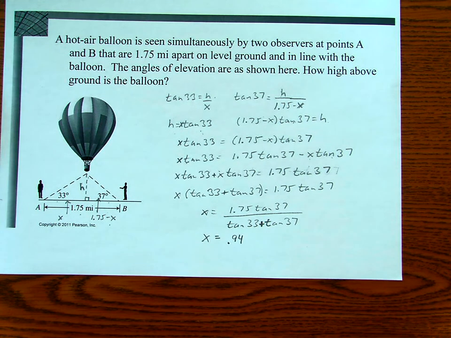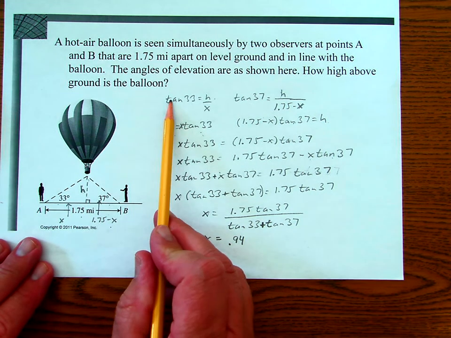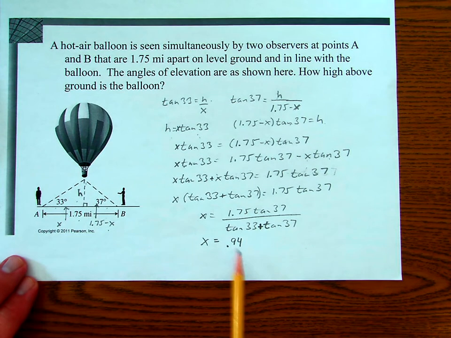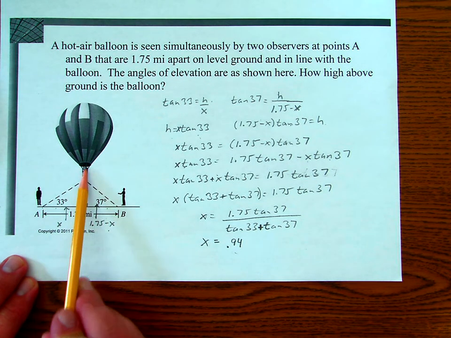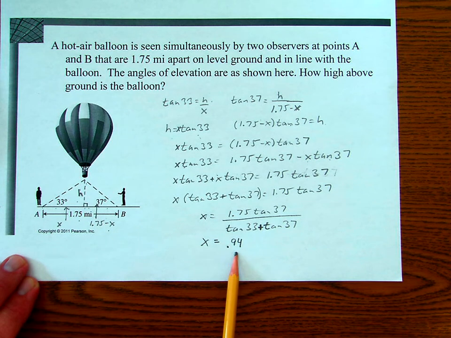With any word problem, you want to make sure that you're answering the question. Here, they're asking us how high above the ground is the balloon. That's the h. We solved for the x. The x is how far it is from this point to the spot directly underneath the balloon. So we need to plug that 0.94 into something that allows us to solve for h.